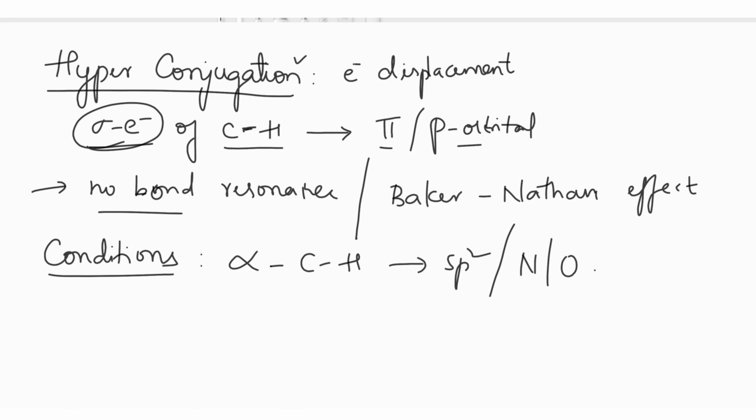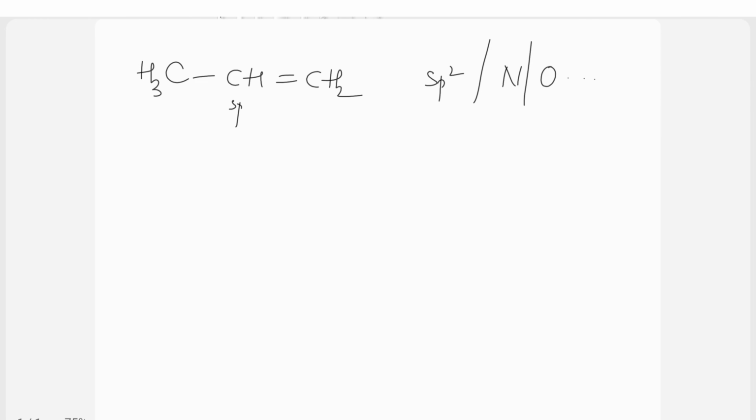Let us see clearly with an example. Consider propene, which is CH3-CH=CH2. The main condition is an sp2 carbon or a p orbital of nitrogen or oxygen. Here we have sp2 carbons, because this carbon is sp2 double bonded, and this carbon is also sp2 double bonded.